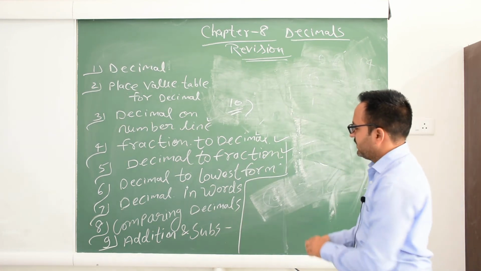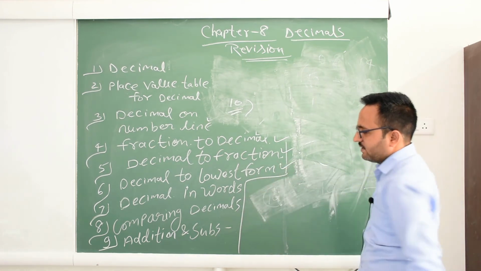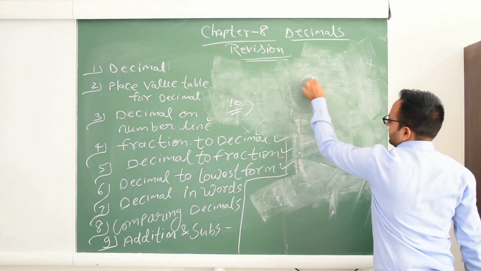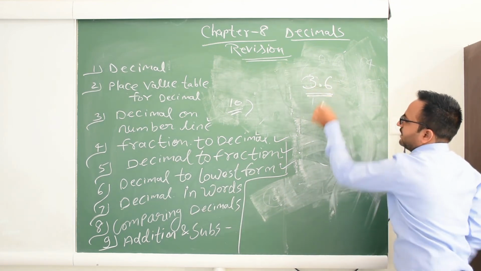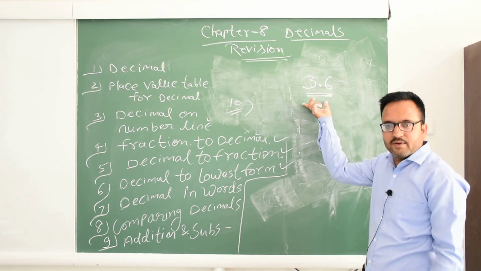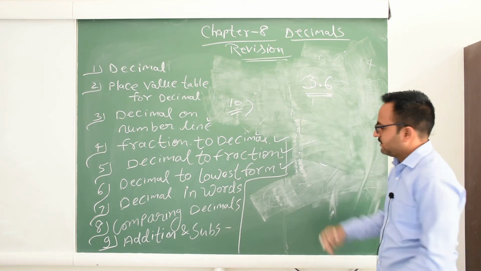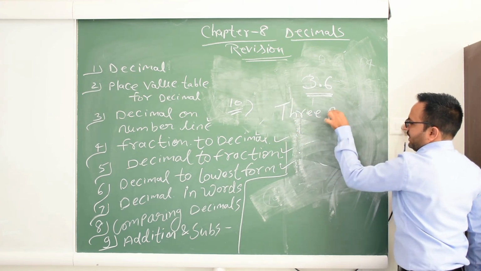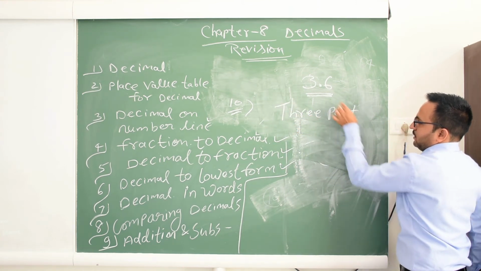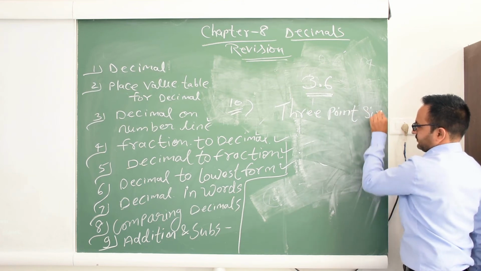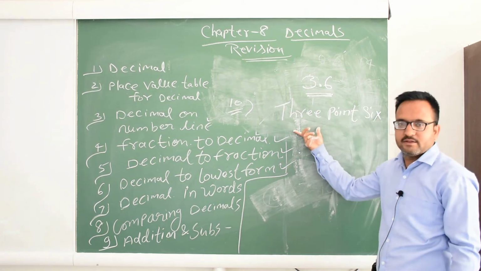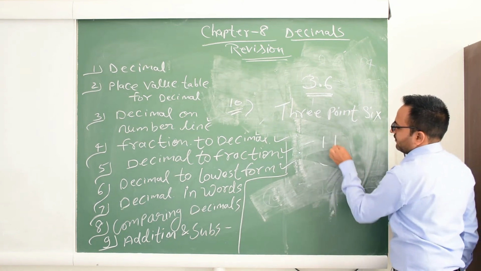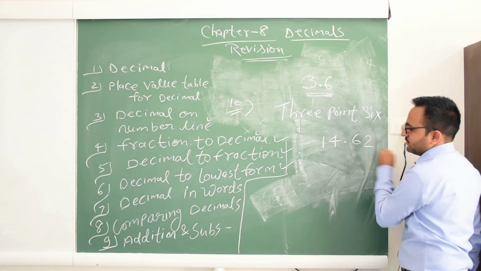Now the next topic is decimals in words. Now we write a decimal number in words. So how to write it in words? Take 3.6, and we take another example, 14.62.